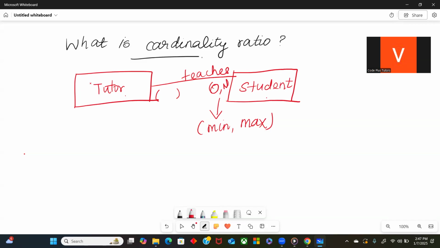Now, thinking about the student perspective, one student can be taught by how many teachers? If the student is a new enrollment and is assigned a course which has not yet started, then it could be 0, and one student can be taught by many tutors.